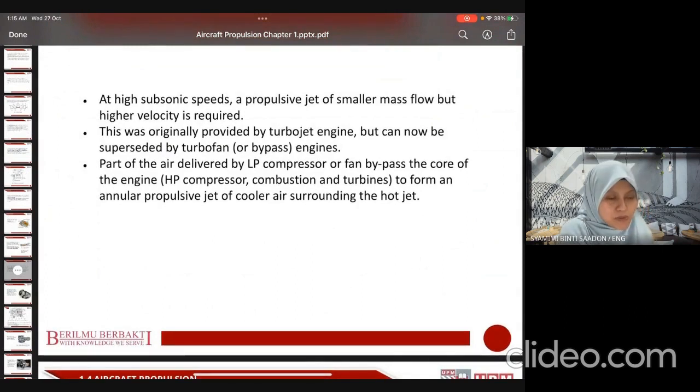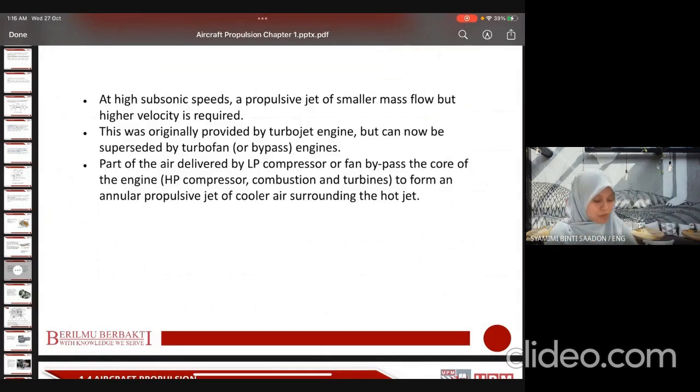At high subsonic speeds, a propulsive jet of smaller mass flow but higher velocity is required. In order to provide high velocity, normally we use a turbojet, right?